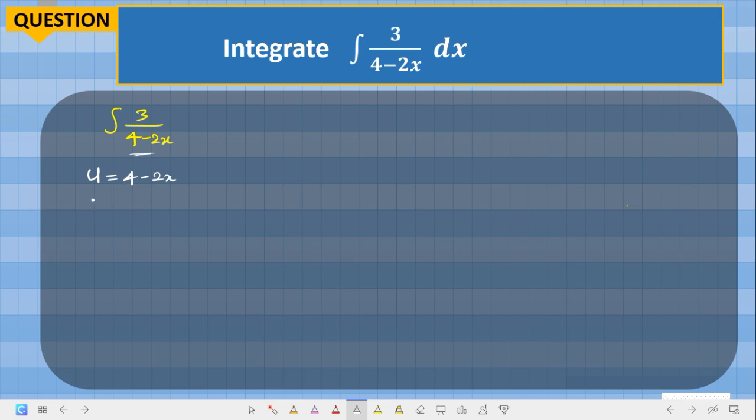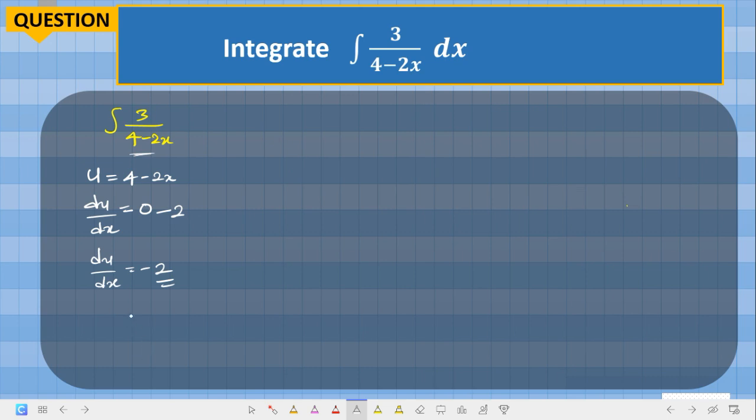So differentiating u is the next step. What are we going to have? You have du over dx is equal to, when you differentiate 4 it is going to give us 0, differentiate minus 2x is going to give us minus 2. So du over dx is 0 minus 2, which is minus 2. Okay, so our du over dx is minus 2.